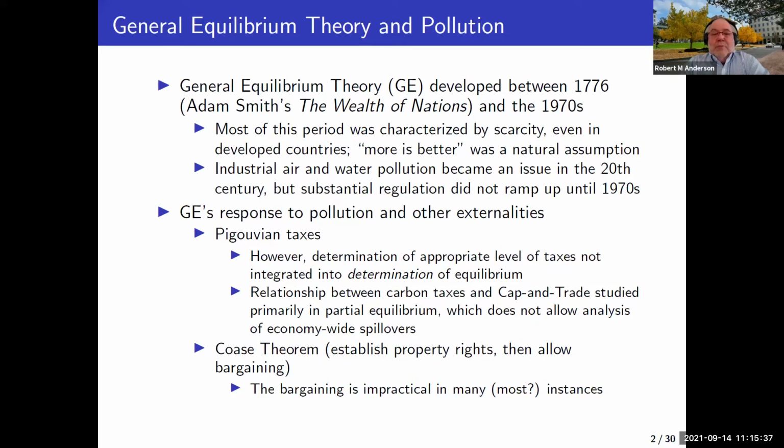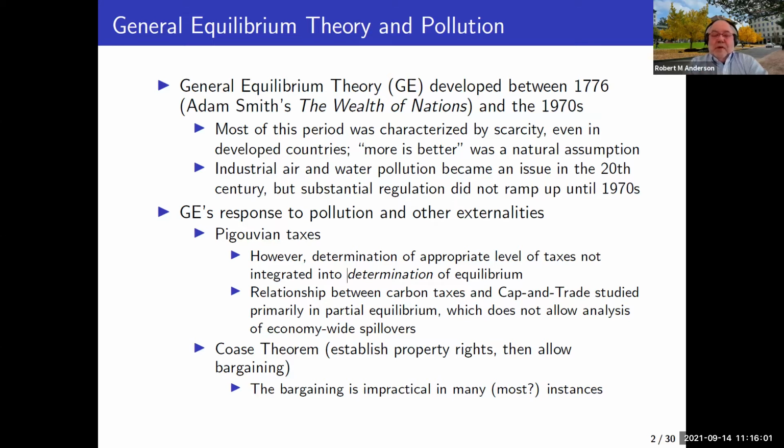Now, there's another approach to externalities, which is based on the Coase theorem. This is Ronald Coase of the University of Chicago, I guess in the 50s, roughly. Anyway, the Coase theorem is a true theorem, but its actual applicability is open to discussion.